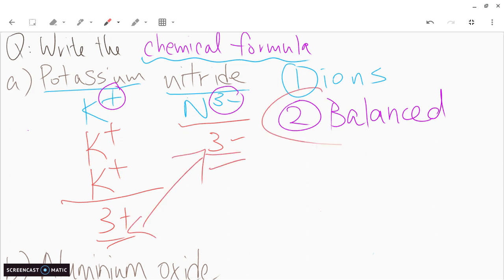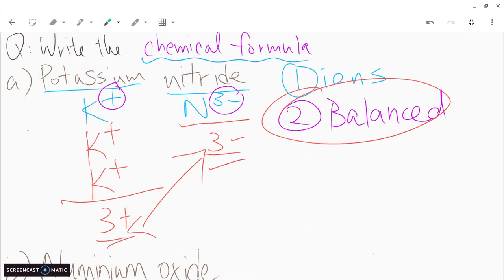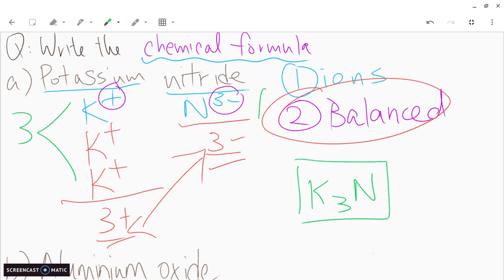Okay, the charges are balanced. So now we can write down our overall chemical formula. On the left, we have 3 potassium ions, so K3, and on the right, we have 1 nitride ion. So the overall chemical formula is K3N.